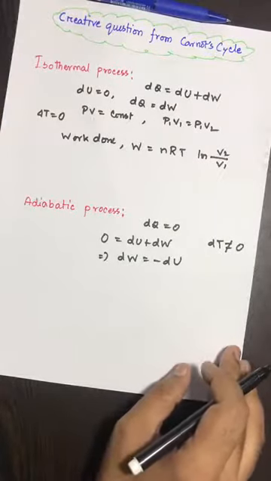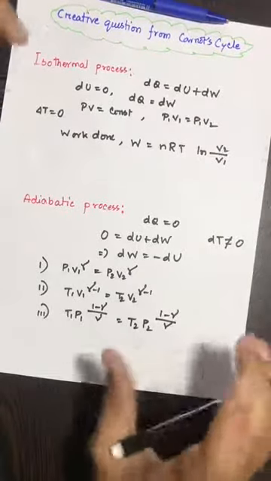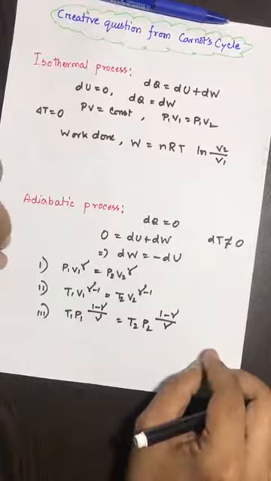And number 3 is T1 P1 to the (1 minus gamma) divided by gamma equals T2 P2 to the (1 minus gamma) divided by gamma. These relations come from Boyle's law, Charles's law and other laws working together. It's quite hectic work, but it is very simple to find.